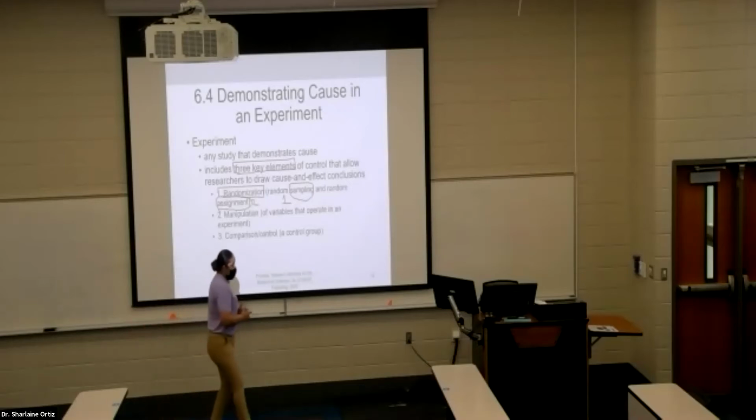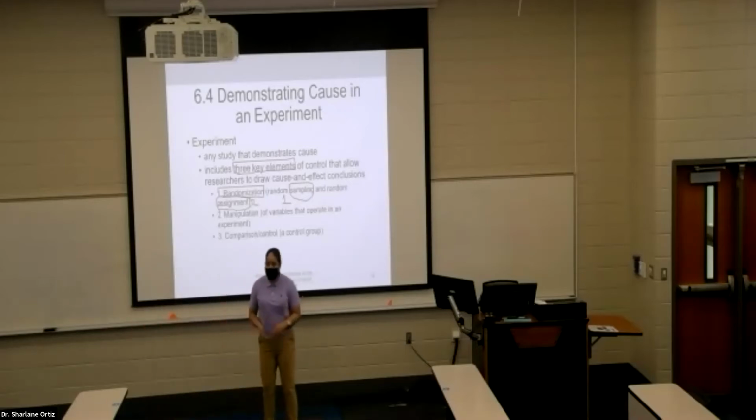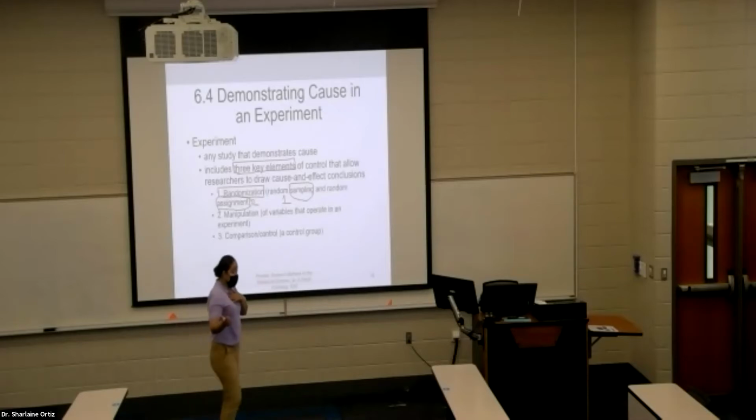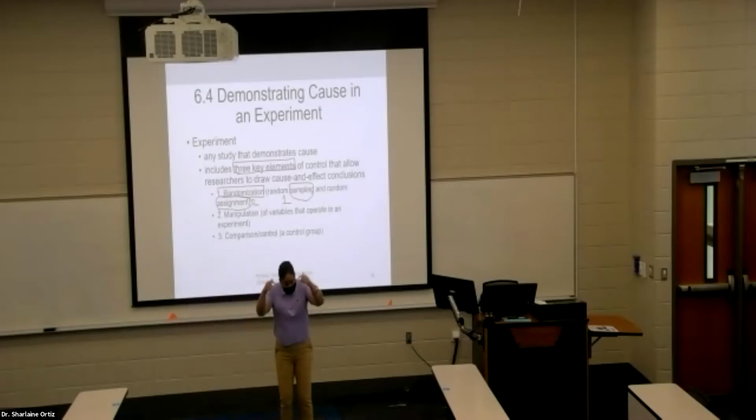For instance, anybody in the institution can be part of my research, or every single graduate student in engineering, right? I'm giving everybody that random chance of being selected. By the same token, once they are selected, I can assign them randomly into that experimental group or that control group.